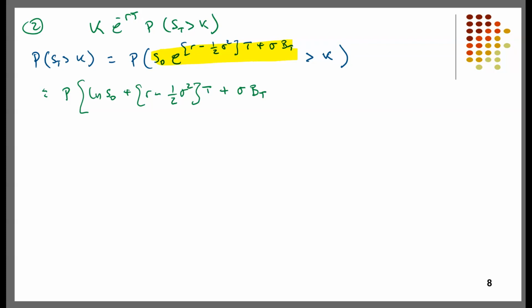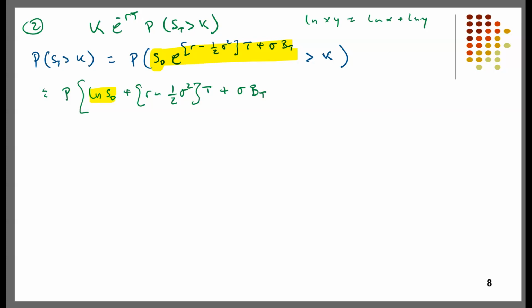And the log of this whole term, because S0 is constant and it's outside of the exponential, I have to take its log alone. The log of a product is essentially equal to the sum of the logs. That's what I would say. So what am I saying here? I'm saying the log of xy is equal to the log of x plus the log of y.